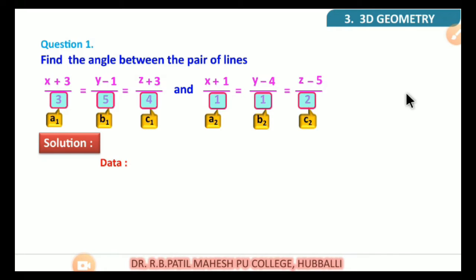Now consider the solution. First write down the data from the given question. A1 is equal to 3, B1 is equal to 5, C1 is equal to 4. A2 is equal to 1, B2 is equal to 1, C2 is equal to 2.